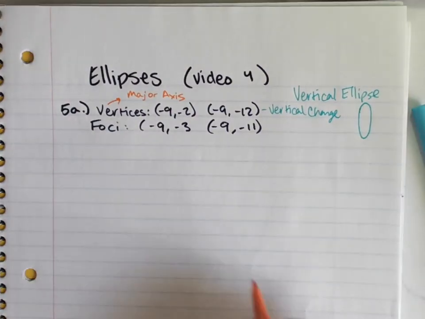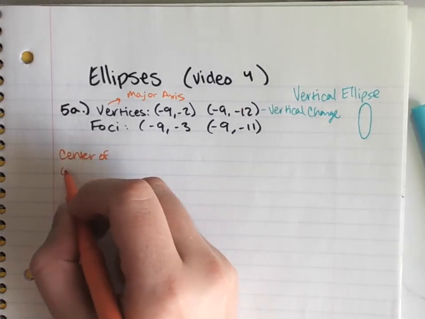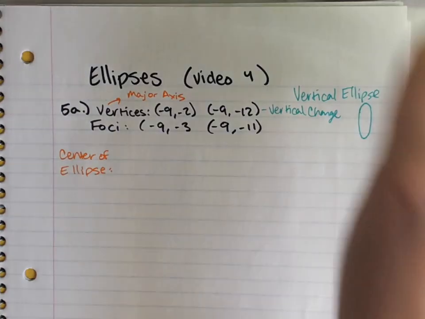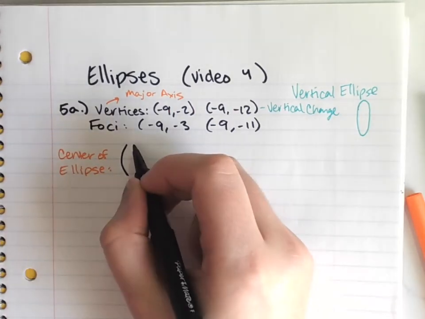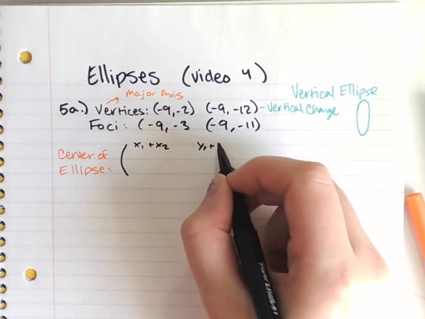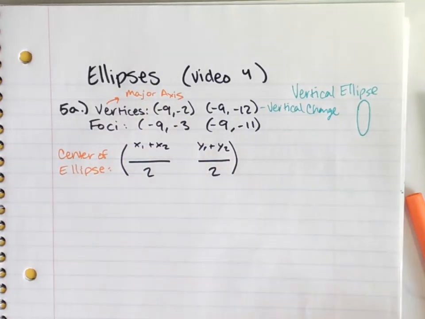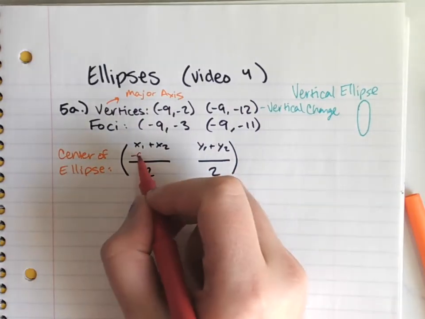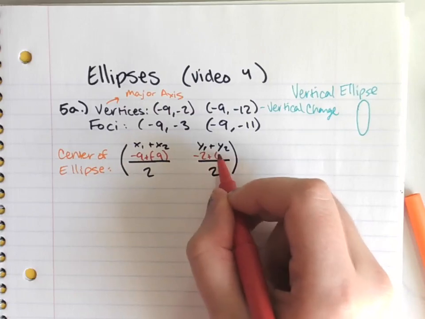Let's find the center of the ellipse. Since I was only given the vertices, I have to use those. So we're going to use the midpoint formula: the x1 plus x2 and the y1 plus y2, both of those being cut in half. I'm just going to plug in the coordinates. For x1 and x2, we've got -9 and -9, and then we've got -2 plus -12.